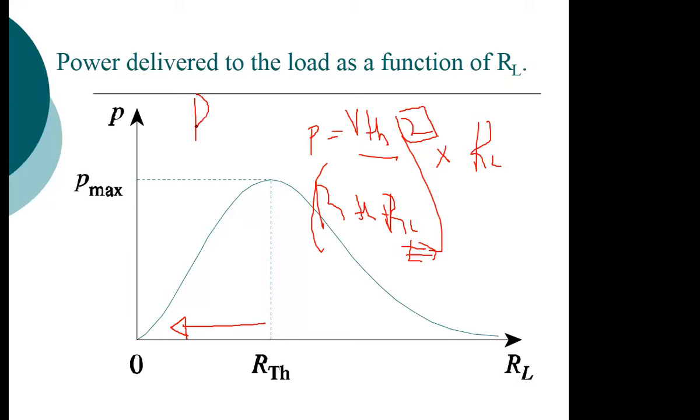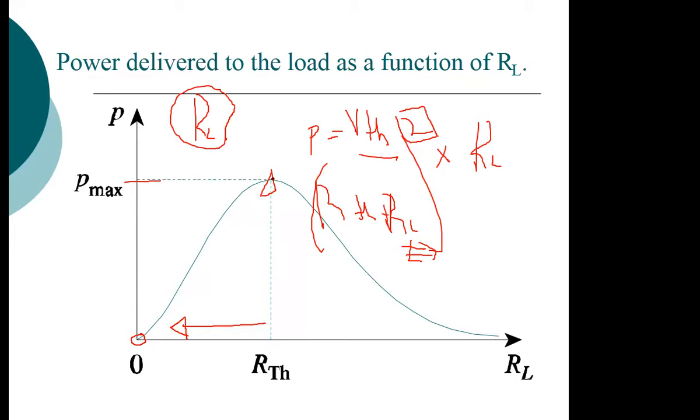We are looking at RL varying, right? Then, if RL is 0, when there is no load, there's no power being delivered, and we are at this point. If we start increasing RL, the value of the power will increase to this final value, which is P max.